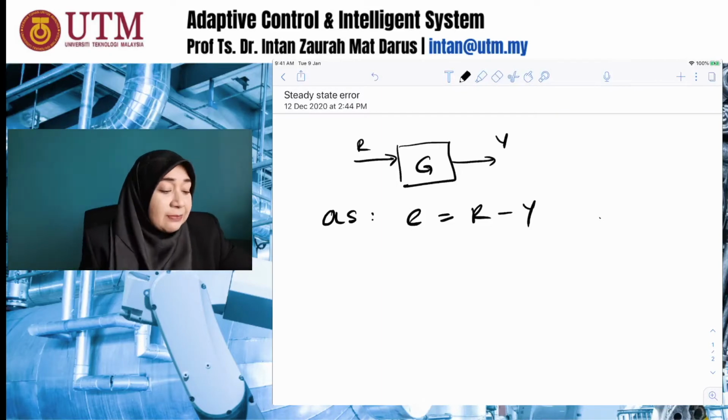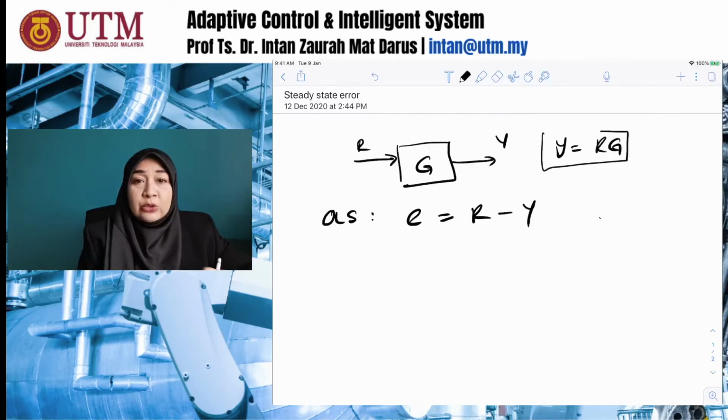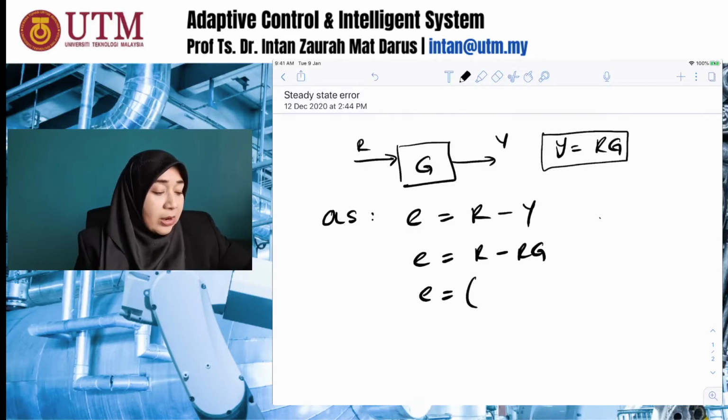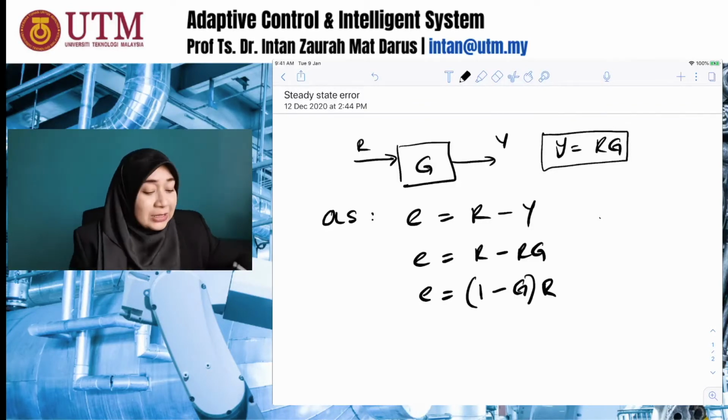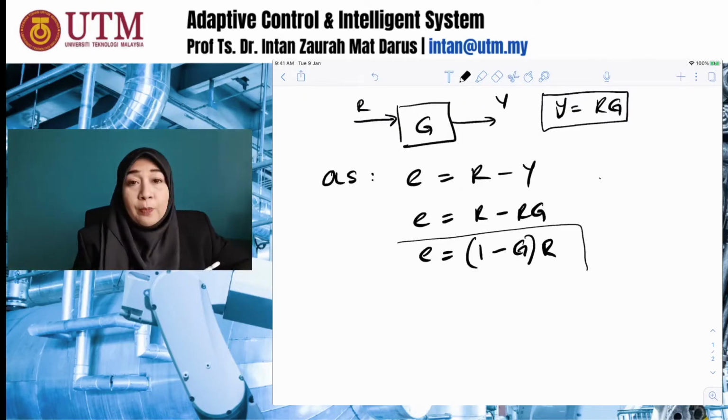And at the same time, you know that output Y is equal to the input multiplied by the transfer function of the system G. We can substitute this relationship into our error equation so that our error becomes R minus RG. I can just factorize this, becoming 1 minus G multiplied by input R. So this is the error equation for open loop system.